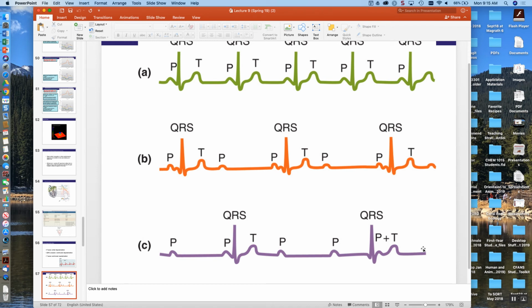So a couple more terms here. Bradycardia. This is a profound slowing of the heart. Slow heart rate, usually lower than 40 beats per minute. The opposite of this is tachycardia, which is a rapid heart rate.